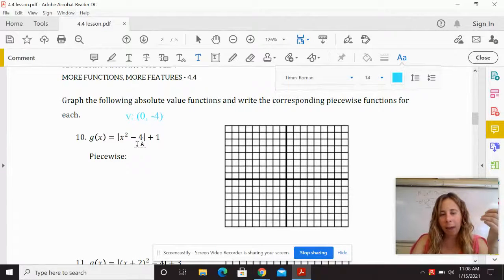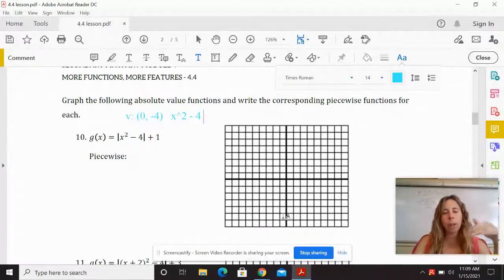And then everything that's negative, you're going to reflect up, just like we did in the last two problems. So if you graph x squared minus 4, then this is your vertex, and then just graph it like we have been. And then everything that's below the x-axis is going to get flipped up. So it's going to get reflected.